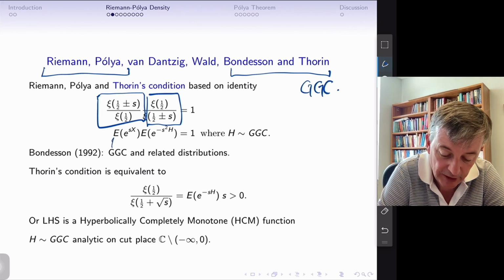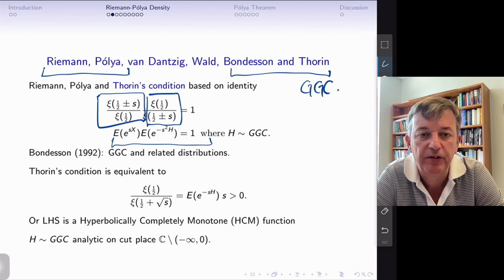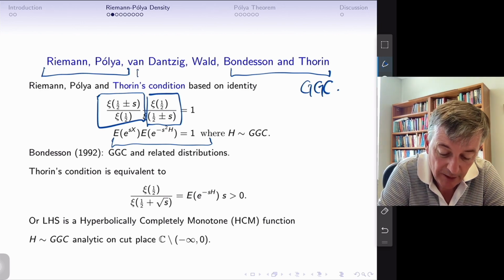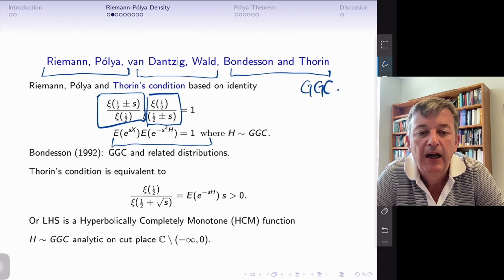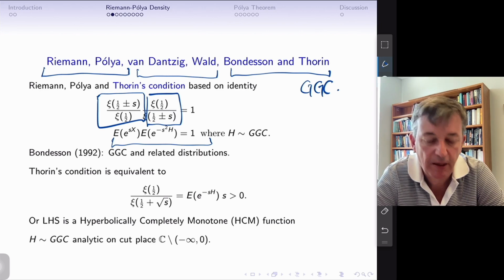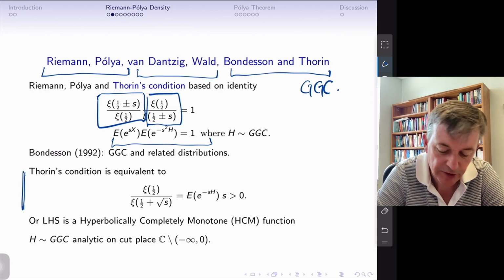And this little condition here is related to what's known as a Van Danzig pair or Wald couple. And so the Riemann hypothesis is essentially equivalent to checking this thing called Thorin's condition.